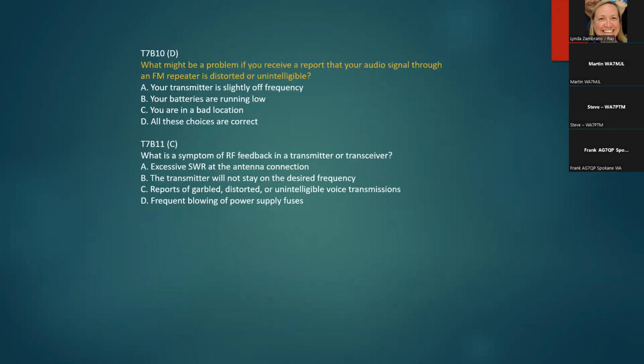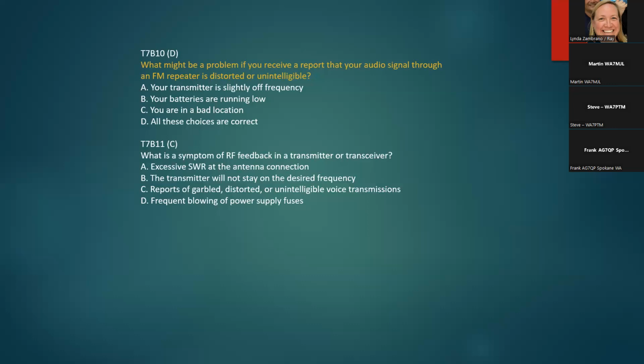Question 10. What might be a problem if you receive a report that your audio signal through an FM repeater is distorted or not intelligible? Well, there could be a lot of reasons, and all three of these answers are actually correct.